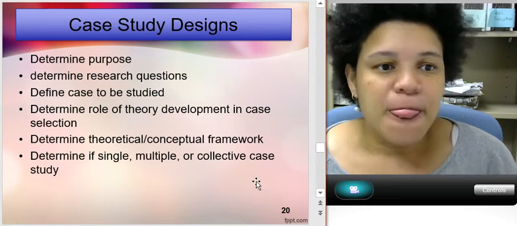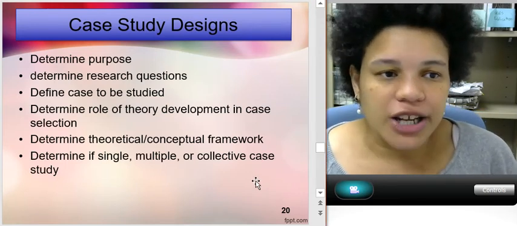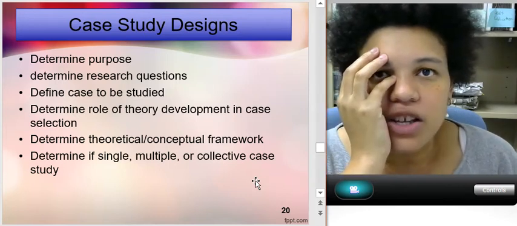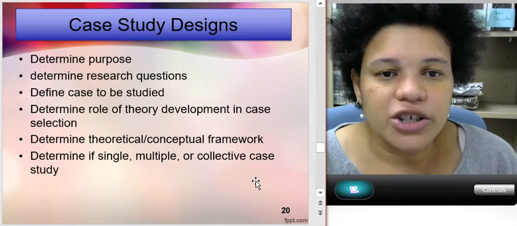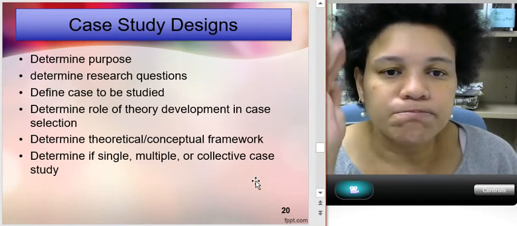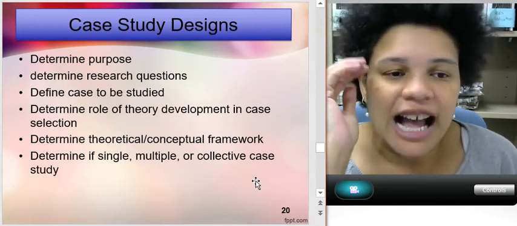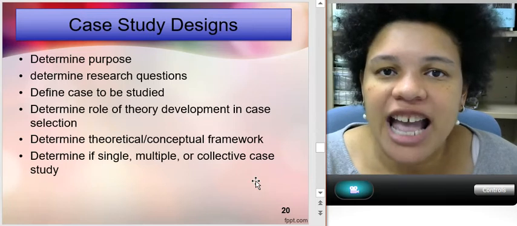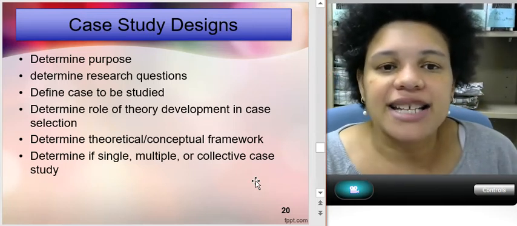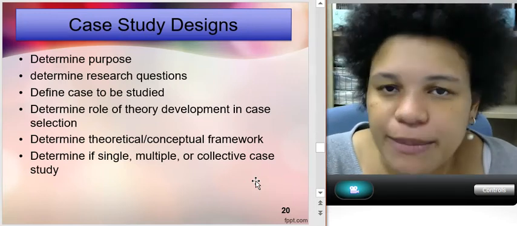Slide 20. Case study designs. Here's how you go about it. First of all, you have a purpose. Let's say I want to understand how decision making happens in this particular charter school that has a lot of socioeconomic diversity.